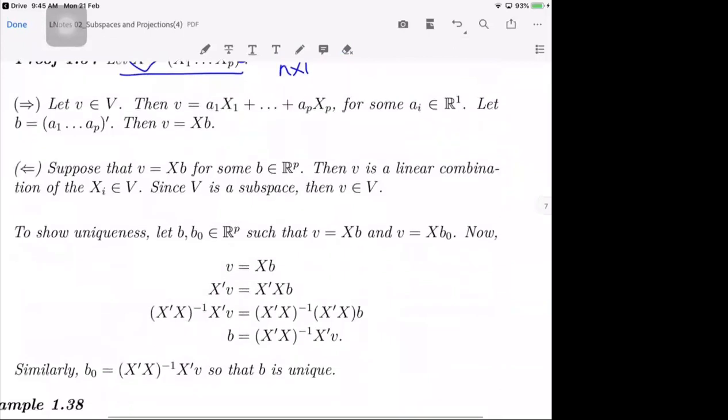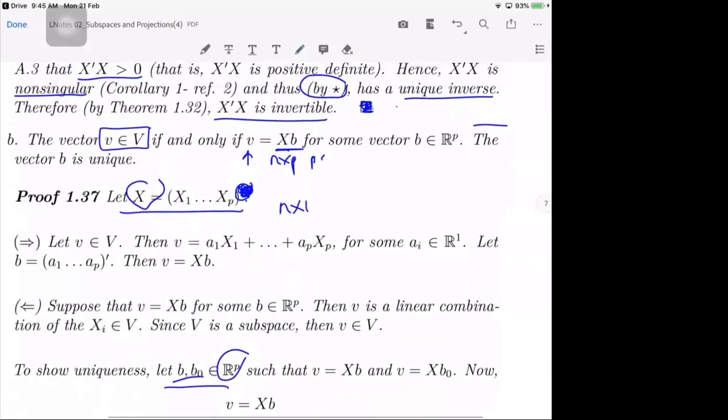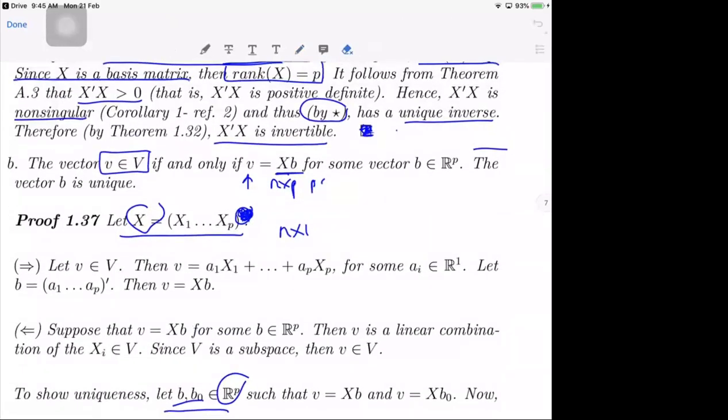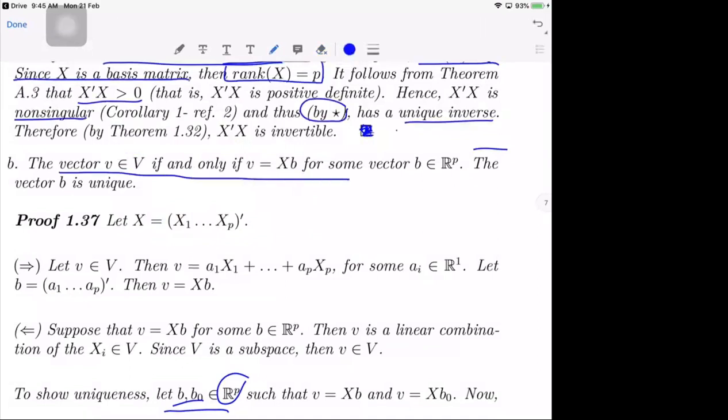Okay, to show uniqueness, again, you assume two values of a p-dimensional vector or p by 1, and such that, okay, tinuod man ni, no? If and only if. Kini. So this is the assumption. If you have a vector, you can write the vector as x beta.